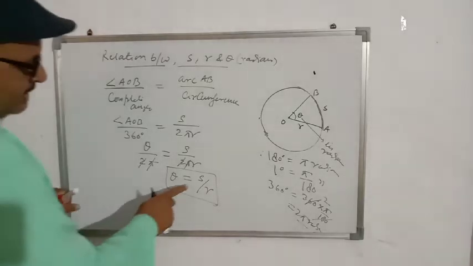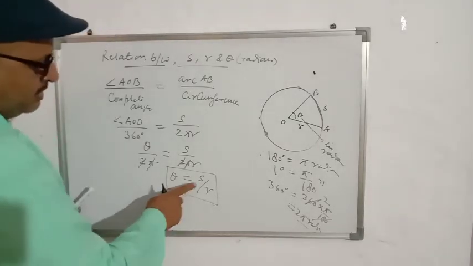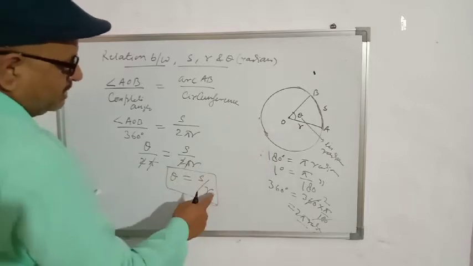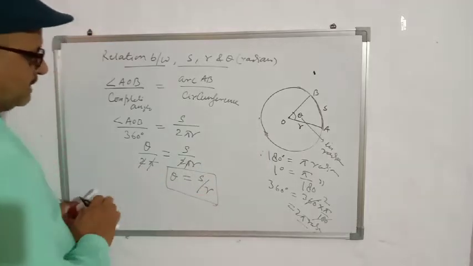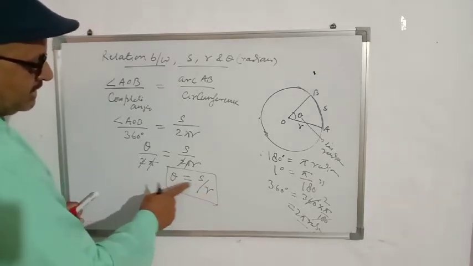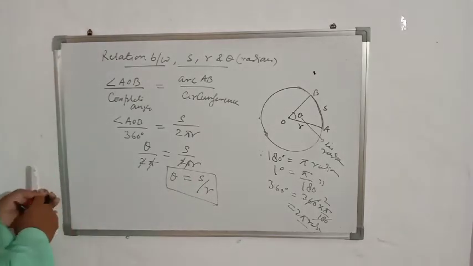We know that S and r both have the same unit. S is measured in centimeter, r is also in centimeter, so both can be cancelled. That's why theta has no unit.